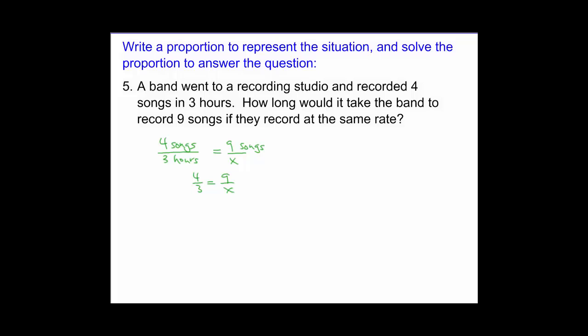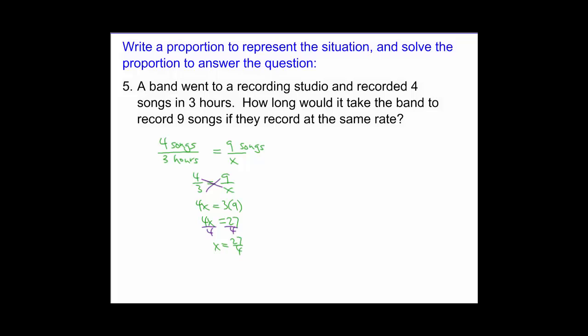So now let's use our cross products. Let's multiply 4 times x, and let's multiply 3 times 9, and those have to be equal. 4 times x has to equal 3 times 9, or 27. So if 4x equals 27, we can solve that by dividing each side by 4, and x will equal 27/4.